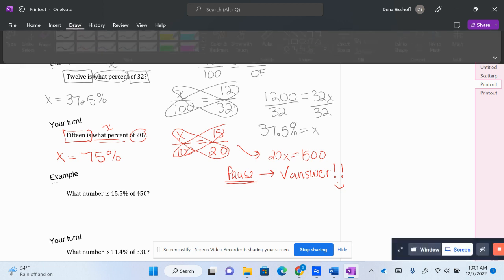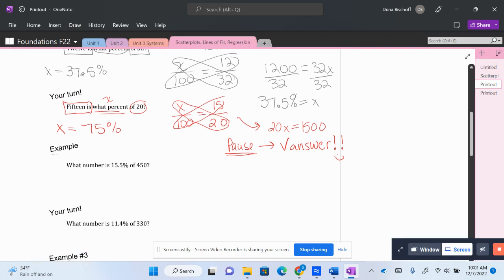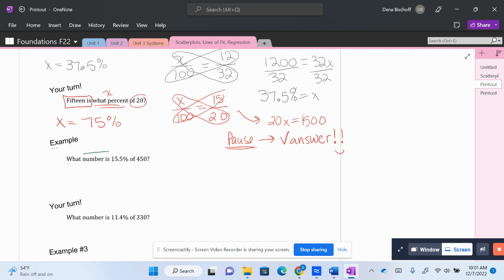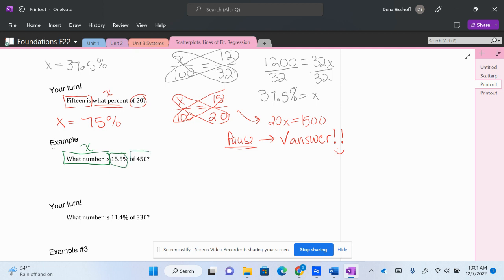Okay, let's do another one. What number is, so this is my variable, this is my percent of 450. So percent 15.5 over 100 equals is, which is a variable, over 450.